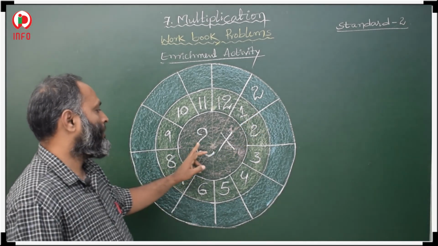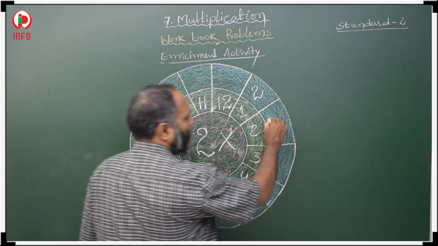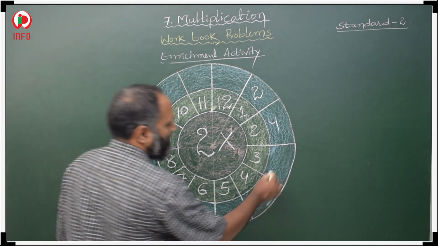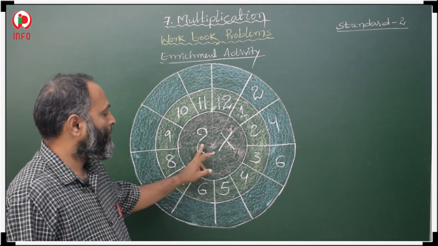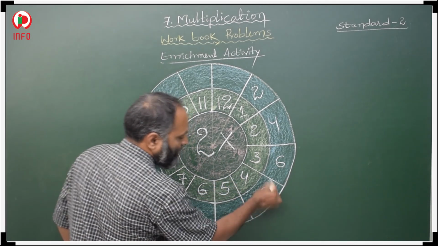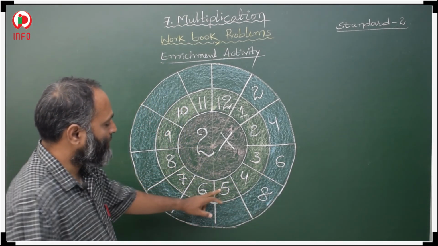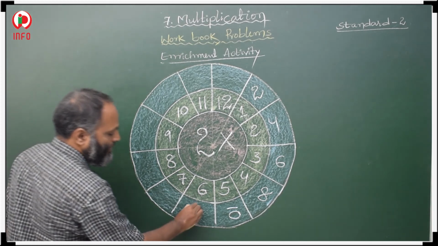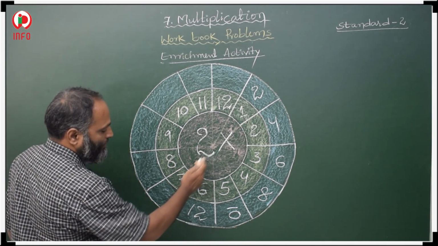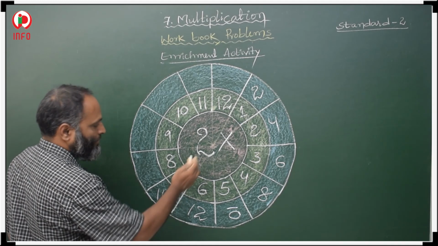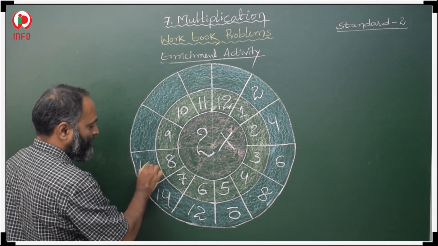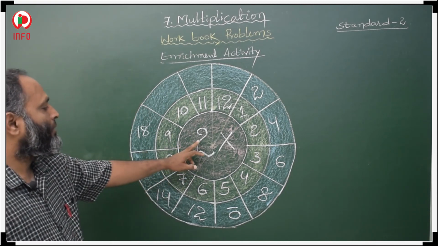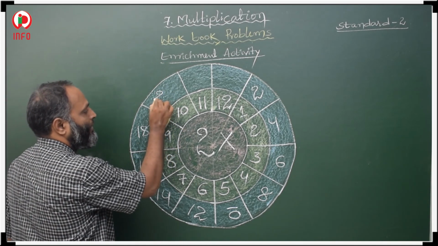In the same way, 2 twos are 4, we write here. 2 threes are 6. 2 fours are 8. 2 fives are 10. 2 6s are 12. 2 7s are 14. 2 8s are 16. 2 9s are 18. 2 10s are 20.